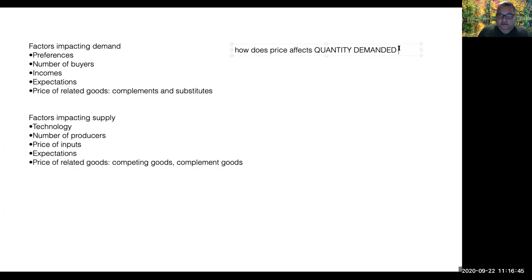The answer to this question is called the price elasticity of demand. The way we measure it is we measure a percentage change in the price of a good, and then we look at the reaction to that percentage change in price by looking at a percentage change in the quantity demanded.